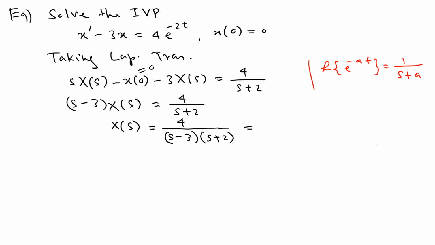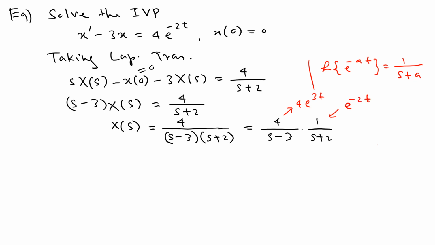So this you can identify as 4, I just put 4 with one function, it doesn't matter, times 1 over s plus 2. So what are the two functions? This you can identify with e to the 3t, and this one you can identify with e to the negative 2t.